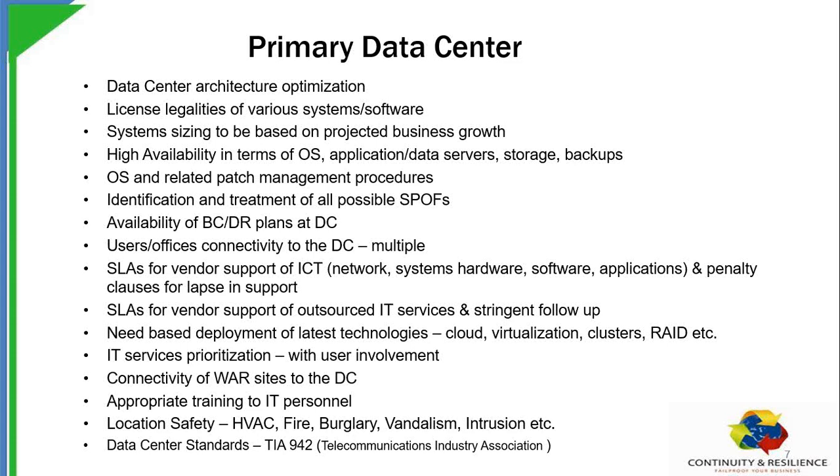With high availability, the recovery can be much faster. Then there are OS-related patch management procedures, and identification and treatment of all possible single points of failure. All this is something you will look at when you're looking at ITDR.